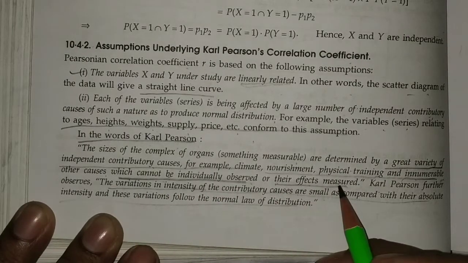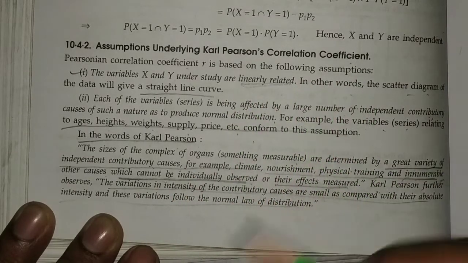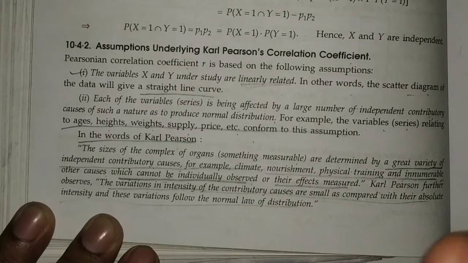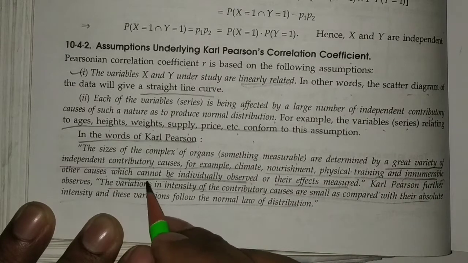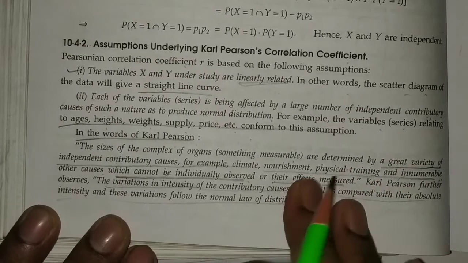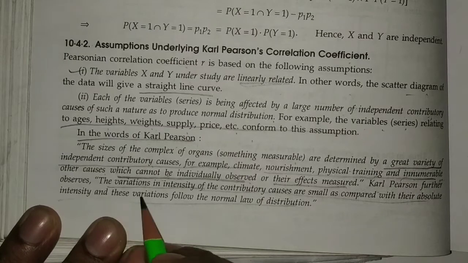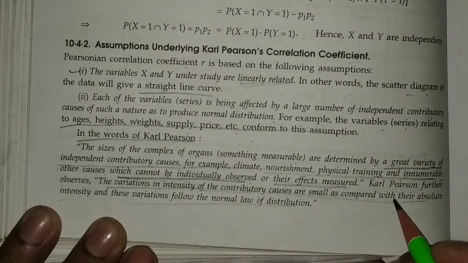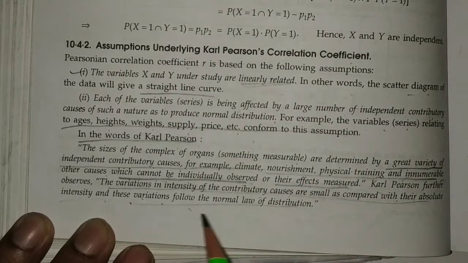That means the Karl Pearson correlation coefficient measures when one parameter depends on another. Karl Pearson further observes that the variations in intensity of the contributory causes are small as compared with their absolute intensity, and these variations follow the normal law of distribution.